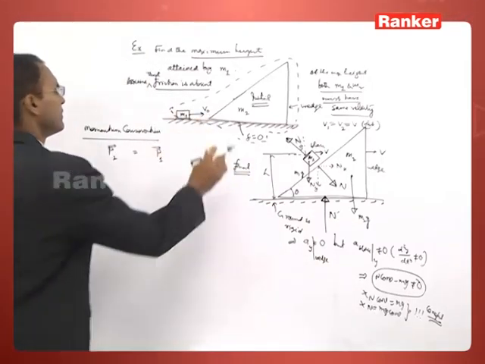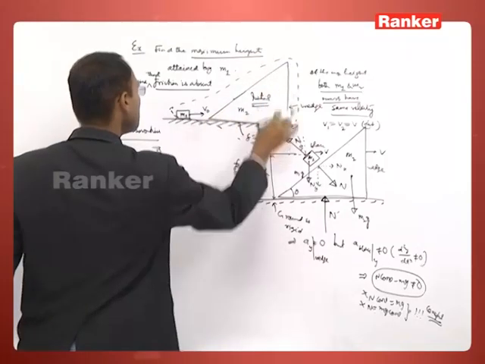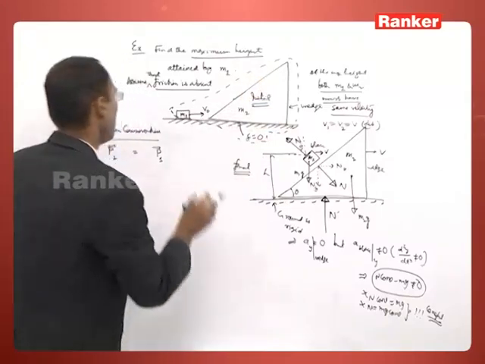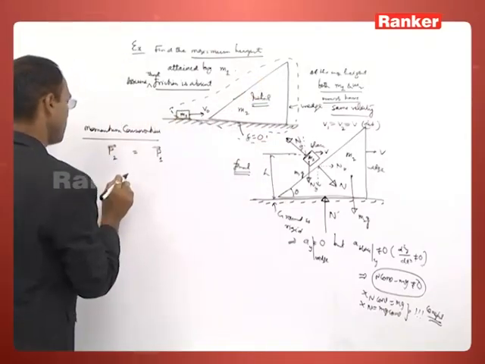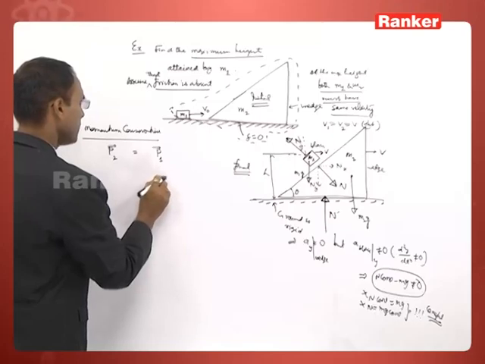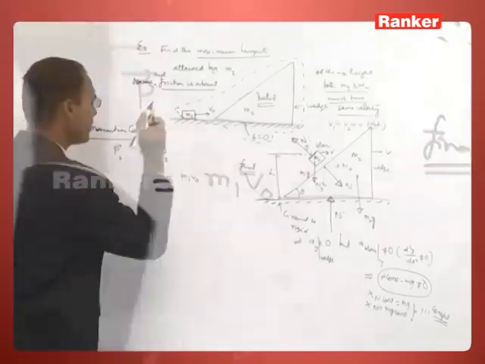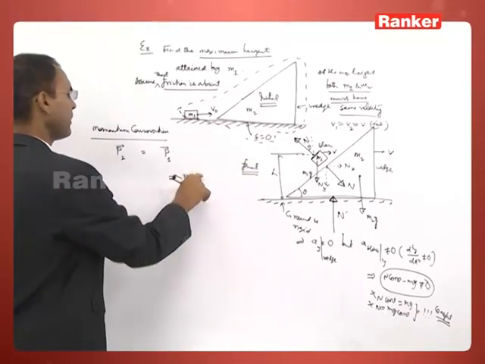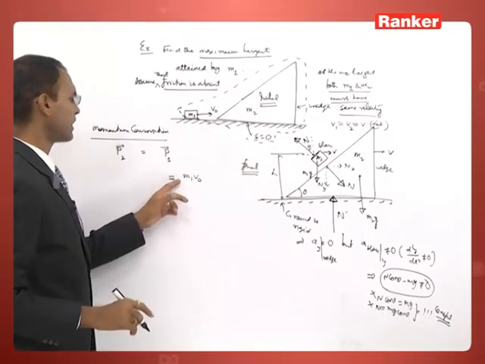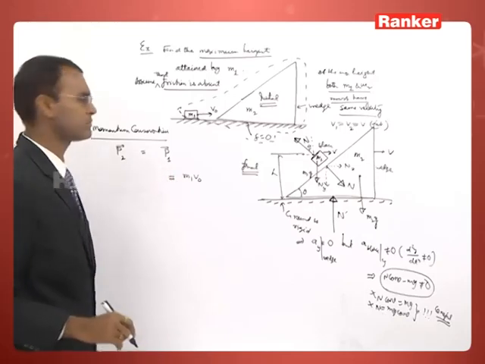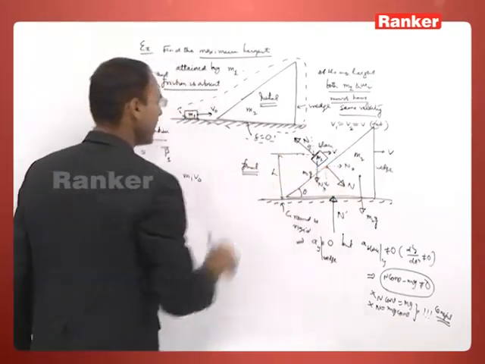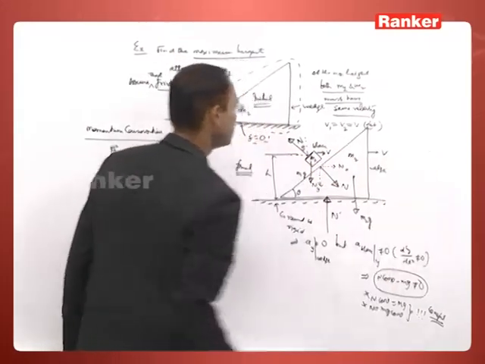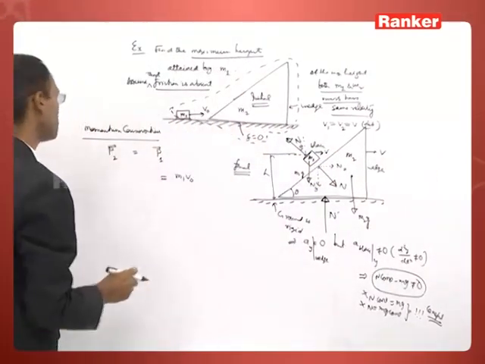Initially, for the sake of simplicity, the wedge is not moving and the block is moving. Therefore, the initial momentum will be equal to momentum of the block only. In positive direction, I am not writing plus k cap, instead of that, I am writing just plus. Finally, at this moment, both block and the wedge will move with the same velocity towards the right.